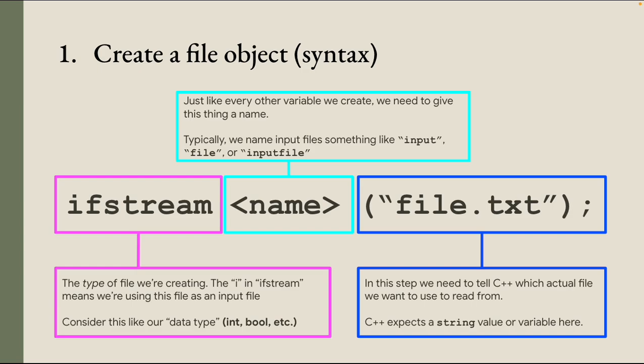So the ifstream, if you ever ask us, types of data type, could we put ifstream? I'm going to say no. There's a reason for it, but this isn't really a data type necessarily.